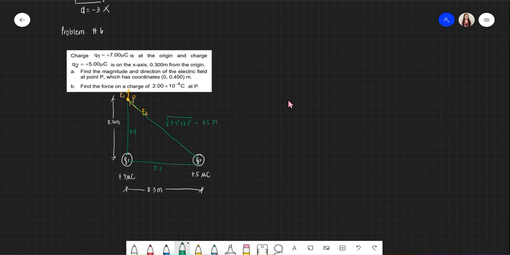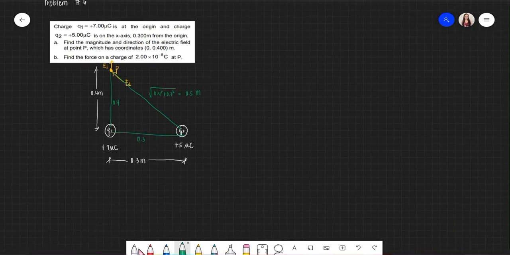So what is E sub 1? The electric field exerted by point 1 on P is equal to K Q1 over R1 squared, the distance from the point P to point 1.